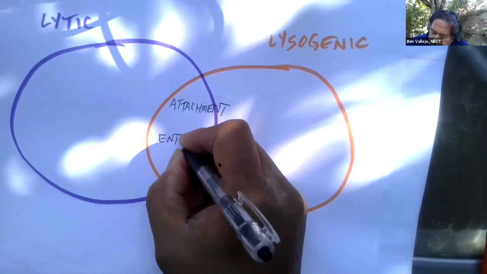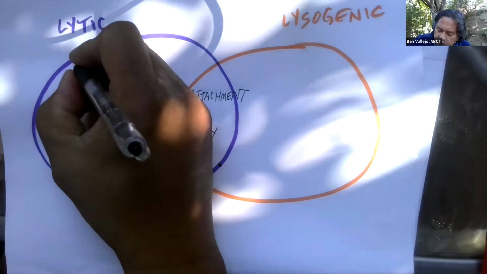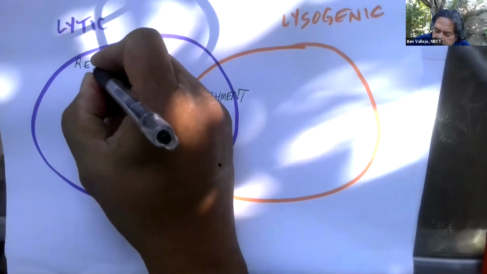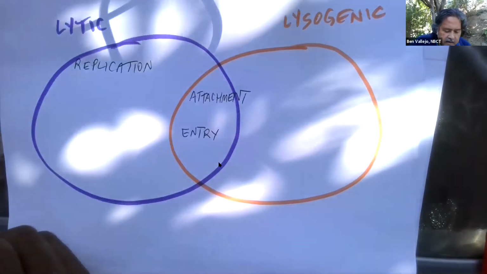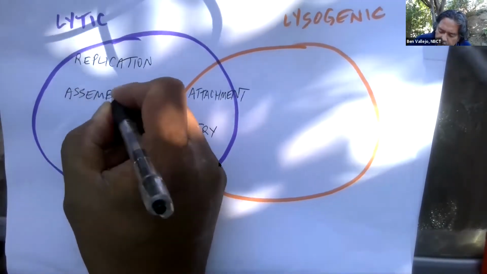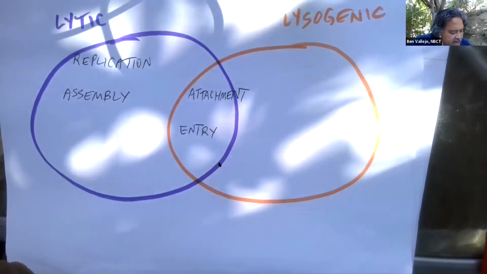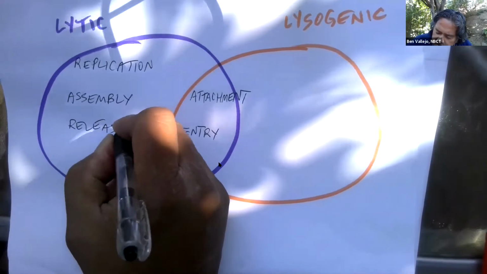And then if it goes to the lytic cycle, there's replication, there's assembly, and I'm just getting the bold terms off of page 529, and release. You're going to add the details to it.